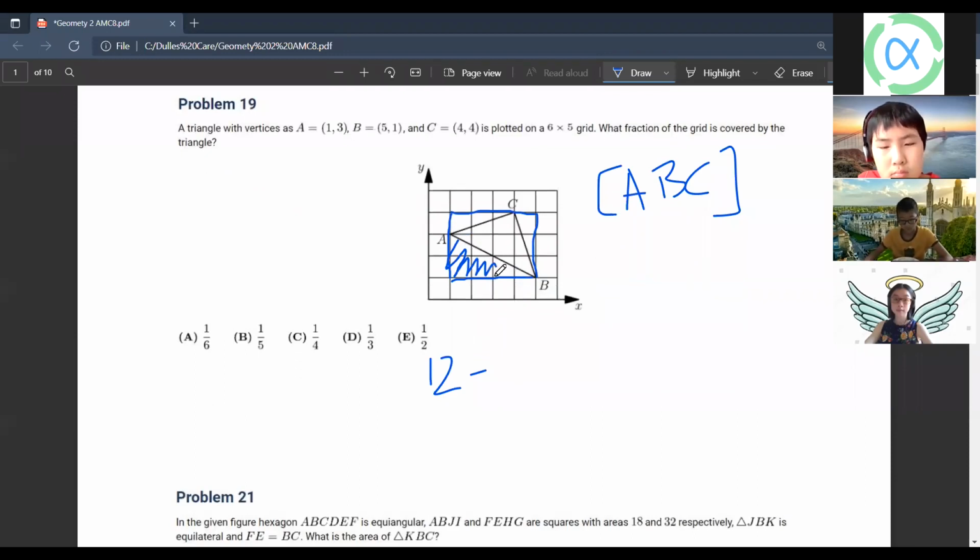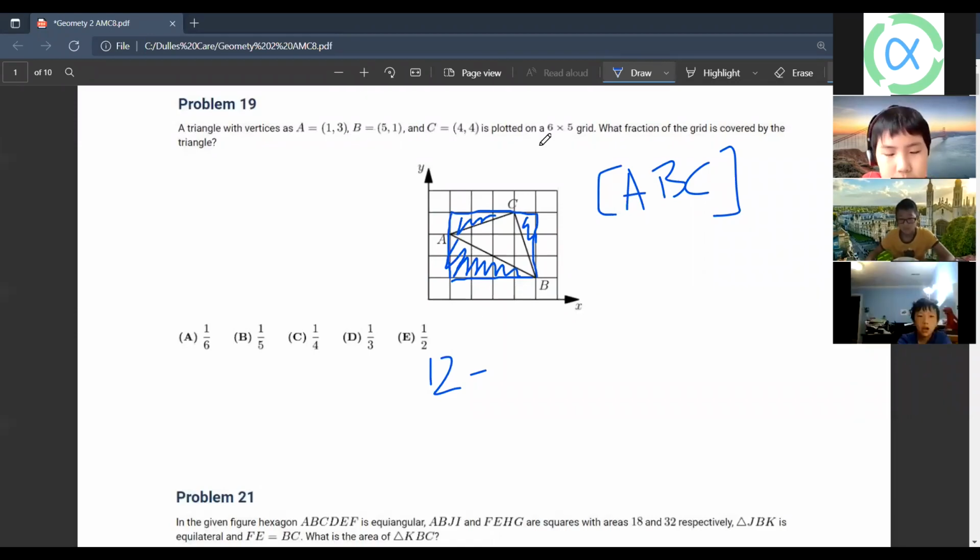If we take the area of the rectangle and subtract the area of the three triangles, then we have the area of the inner triangle ABC, which is what we're trying to find. Let's first solve this problem using this method, and then I'll talk about the Shoelace theorem, since it might be the first time you've heard about this.